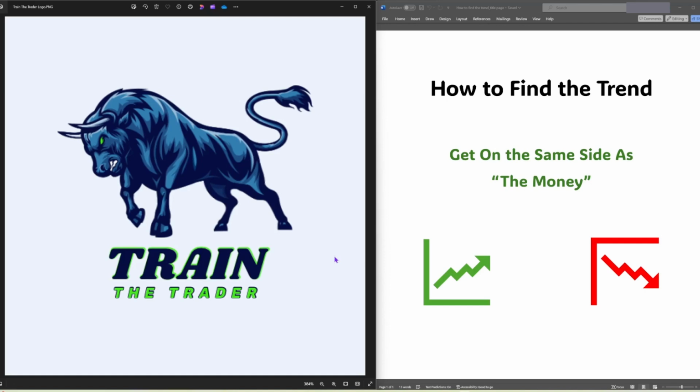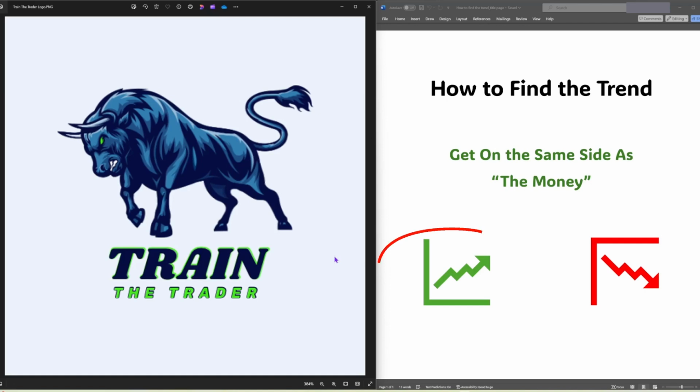So if you want to learn how to manage risk, how to trade, how to invest, first and foremost, when you look at charts, you've got to be able to establish what is the trend.